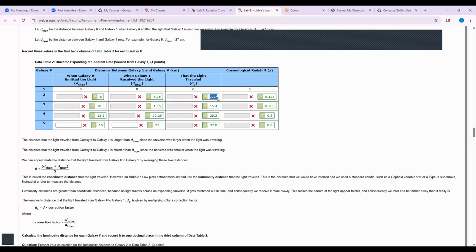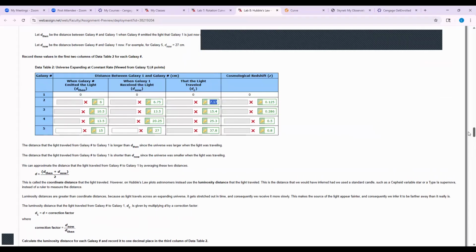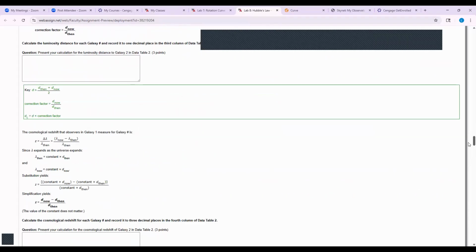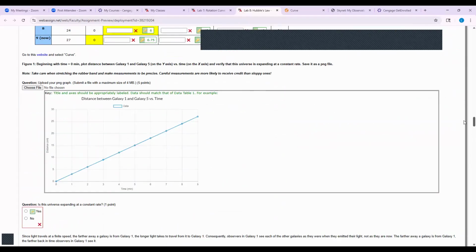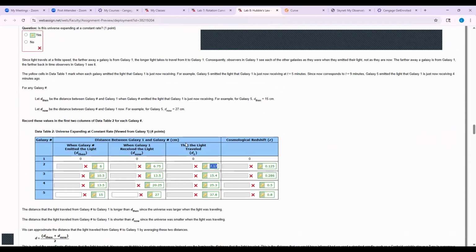It is the one that you draw here, DL. Because of that, we call it DL. L comes from luminosity, D from distance. This is DL, and this is redshift, the values that you calculated in the last column of table 2. Therefore, this is x, this is y. Whatever numbers you get from here, you graph on the curve.